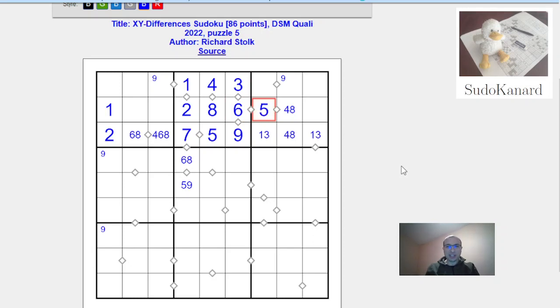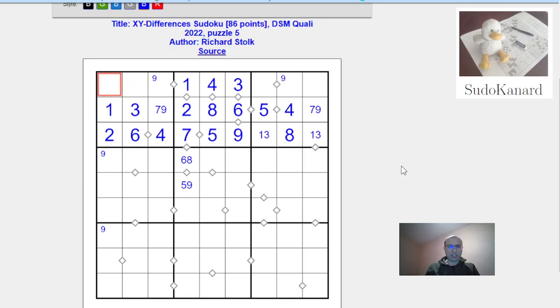So this is actually 5, 4, 8, 6, and 4. We still need 3, 7, and 9. But this can't be 3 next to a 2, or there would be a symbol. 3 can't be next to the 4 for the same reason, so 3 is here. And this is 7 or 9.